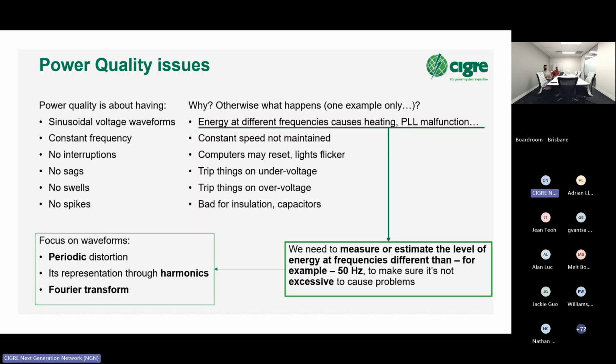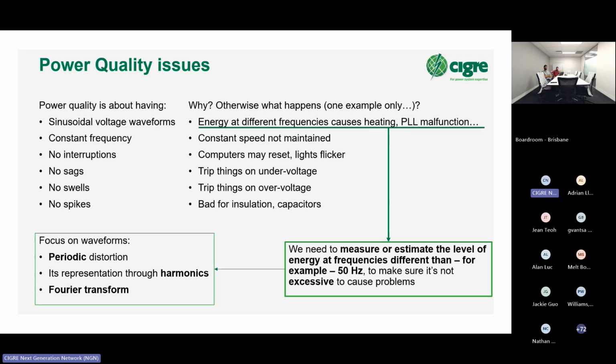So we can have a look here at what power quality is about. We want sinusoidal voltage waveforms. Otherwise, we get energy at different frequencies that causes, for example, heating and PLL malfunctioning and many other issues. We will cover them in detail later. We want a constant frequency.